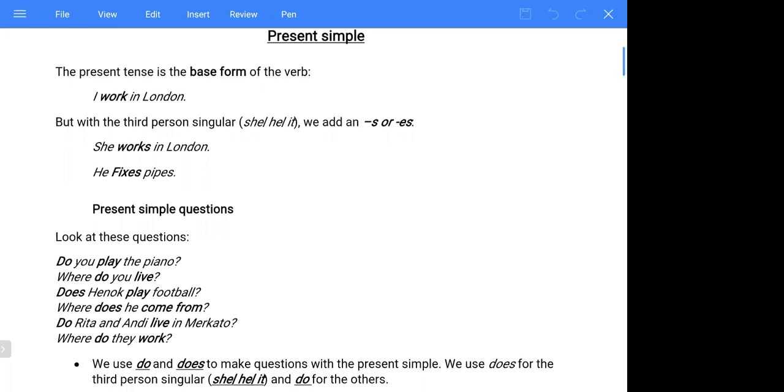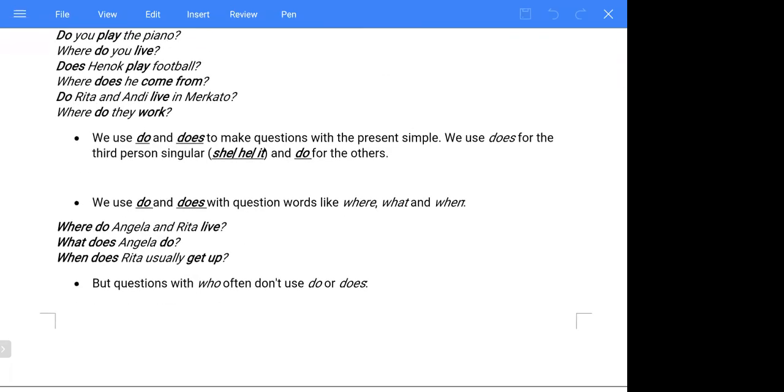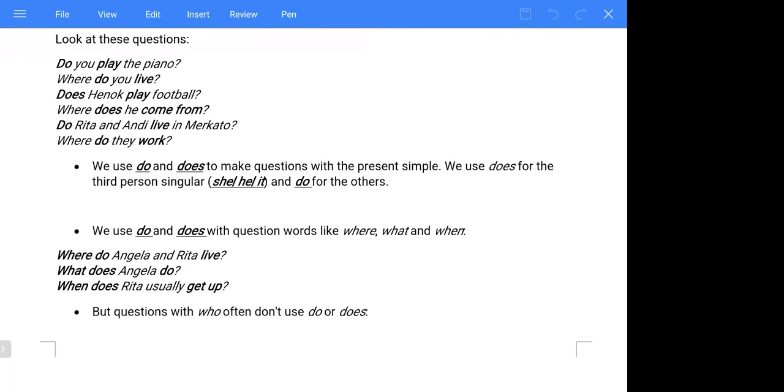Look at the examples. The first one says, do you play the piano? One of the different things in simple present tense is when you use the negative and question forms. For example, in other tenses, if it is present continuous, it has its own helping verb. But in the case of simple present tense, as we said earlier, we use the base verb form.